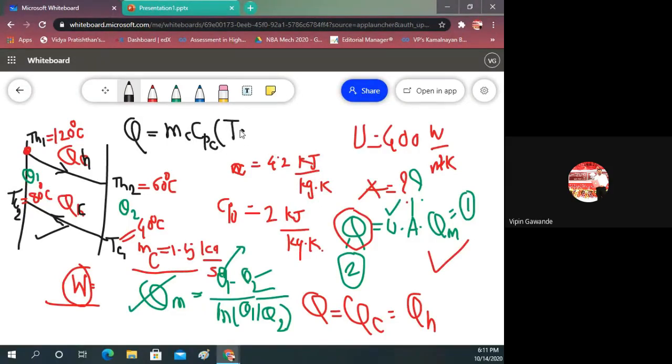While calculating the temperature difference of the cold fluid, be careful. It is TC2 minus TC1.